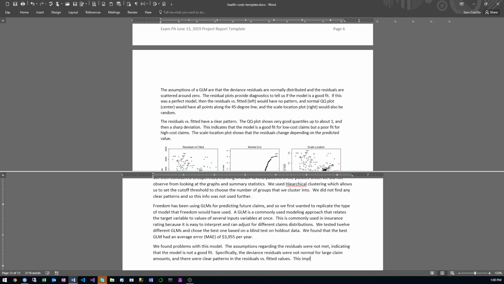This implies that a GLM is not a good model for this problem if the goal is predictive power.